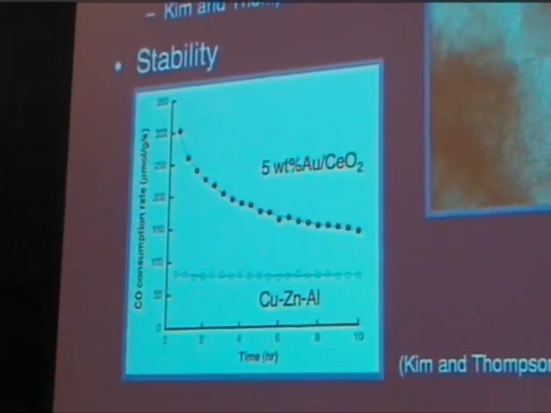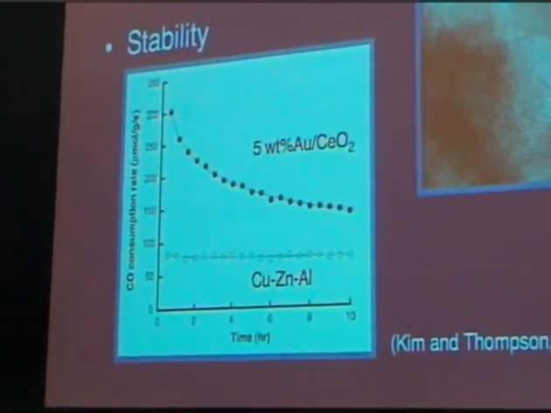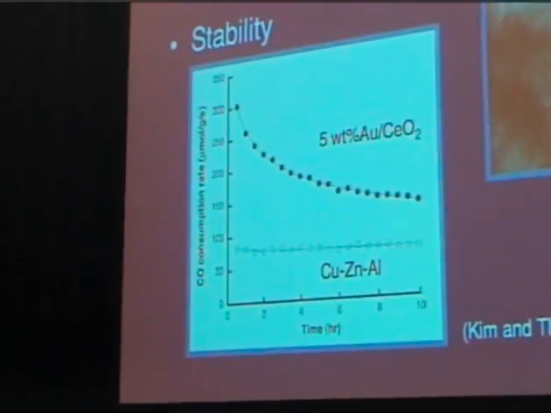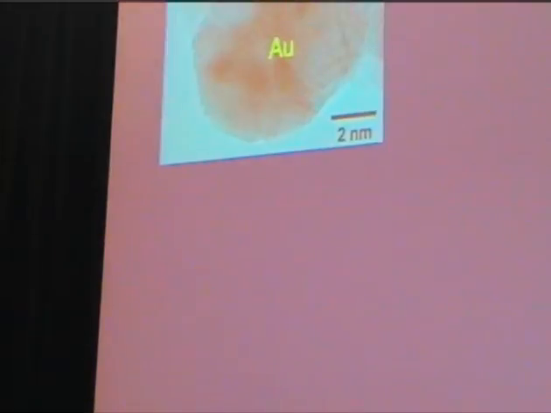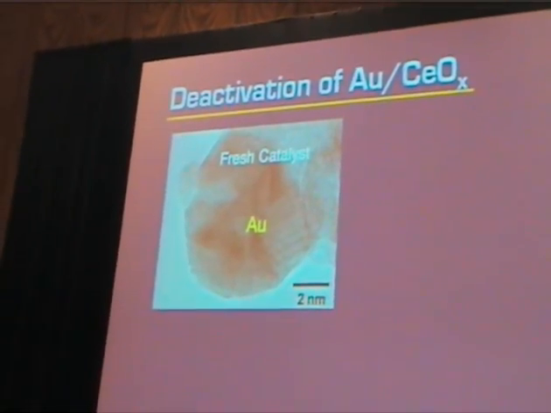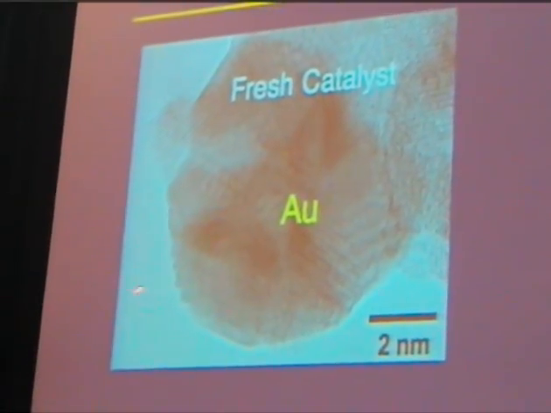So we tried to find out what caused the deactivation and to determine the deactivation mechanism during the reaction. First of all, we tried to observe the morphology of the gold surface. As you can see here, the fresh gold catalyst has a very clean surface.